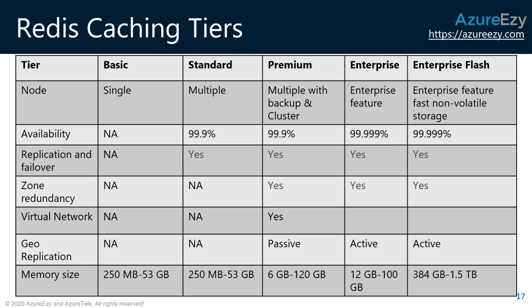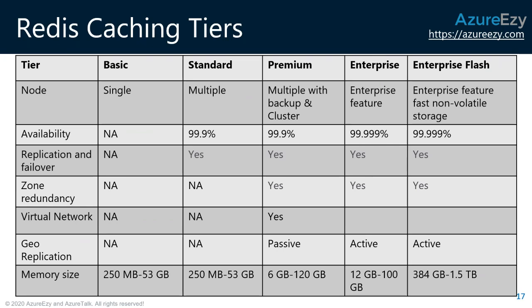The basic Redis cache tier doesn't have any availability guarantee, meaning it doesn't have any SLA. The standard one has a 99.9% SLA, plus it has a minimum of two nodes. The premium one supports all the things that you have in standard, plus a few more things.